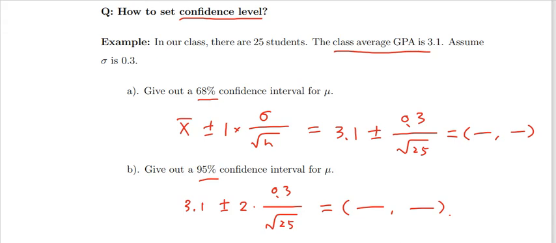Here 68% means I made this conclusion, so the probability that my conclusion is correct is 68%. This means I have a 32% chance to be wrong, right? So a 32% chance that my conclusion is wrong, and a 68% chance that my conclusion is correct.